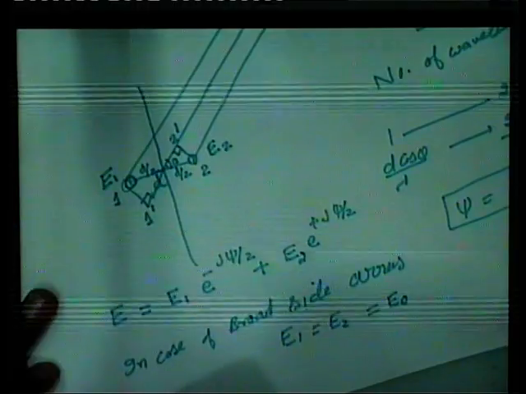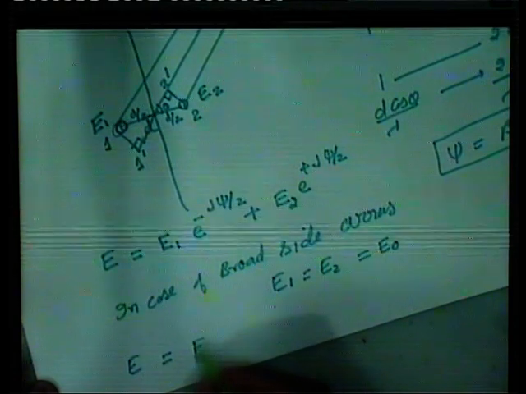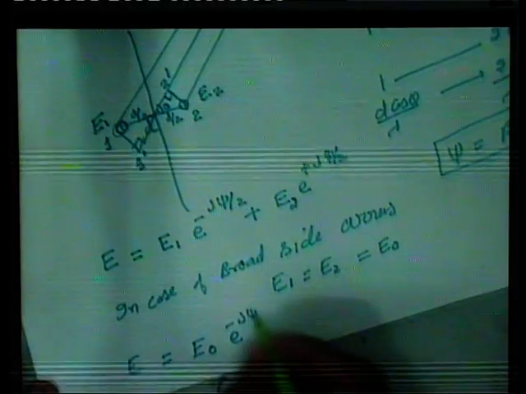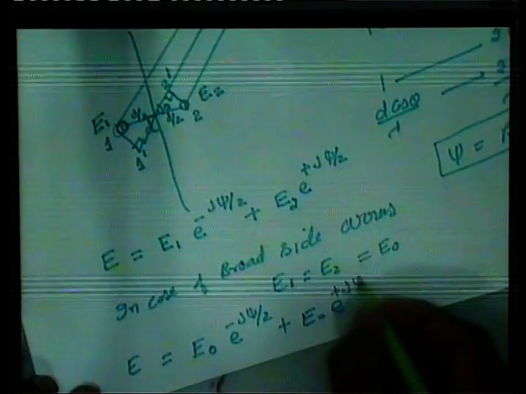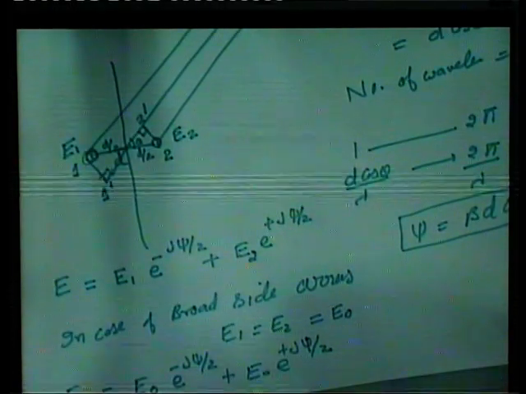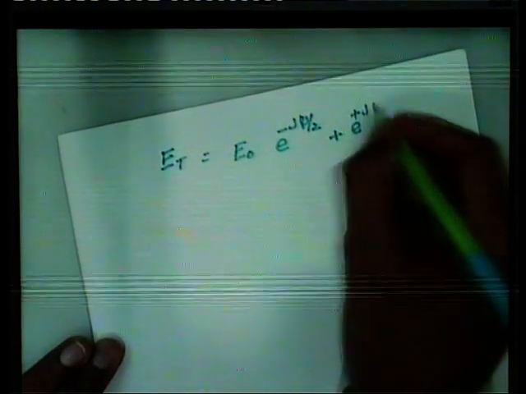So put E1 equal to E naught e raised to power minus j psi by 2 plus E naught e raised to power plus j psi by 2. Take E naught common. So the total field will be E total equals E naught times e raised to power minus j psi by 2 plus e raised to power plus j psi by 2.